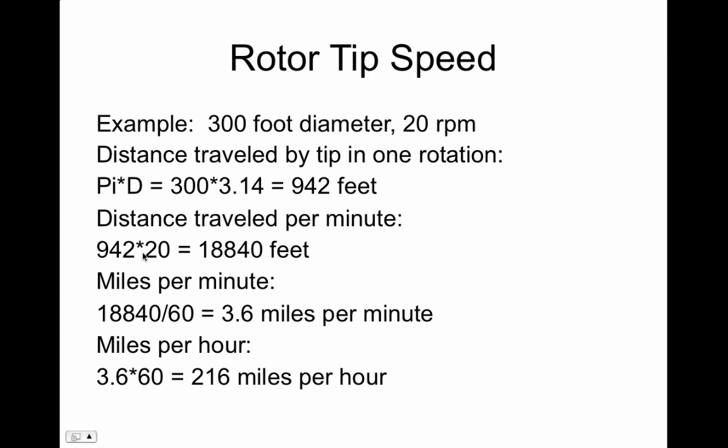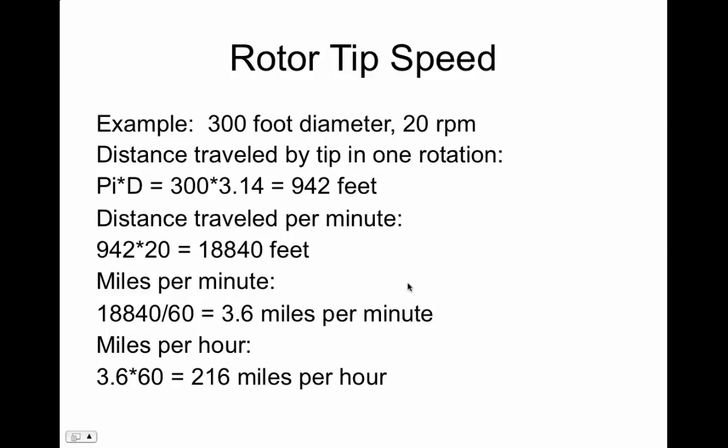So if it goes 20 revolutions in a minute, 942 feet each revolution, it's going to go about 19,000 feet every minute. Then divide that by 5,280 to get miles per minute, and you get about 3.6 miles per minute. Then for miles per hour, multiply that times 60, and you get 216 miles per hour that the tip of that rotor is traveling.